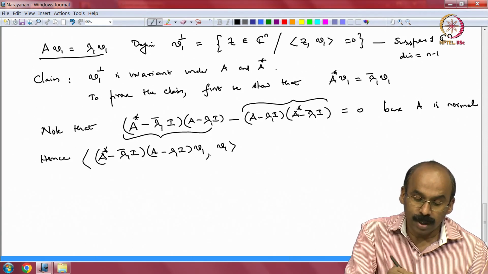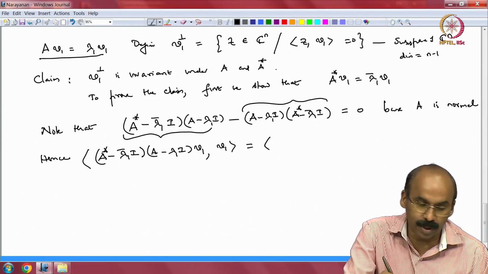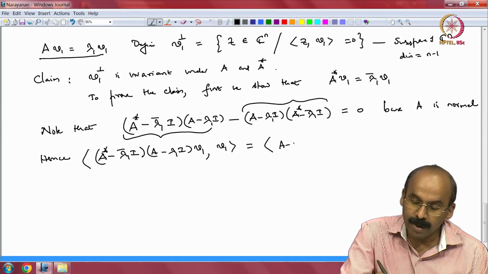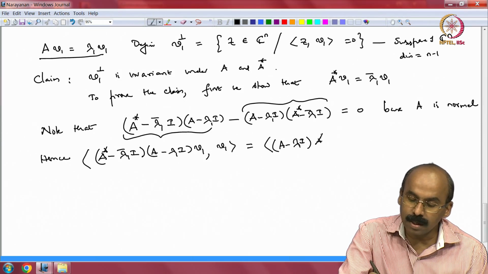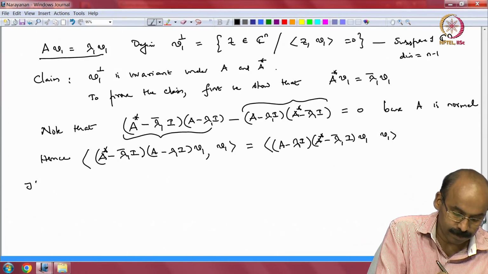There is a minus something, that is 0 and that goes to the right hand side, right. So, this is equal to (A minus lambda 1 I)(A star minus lambda 1 bar I) V1 inner product with V1, right.